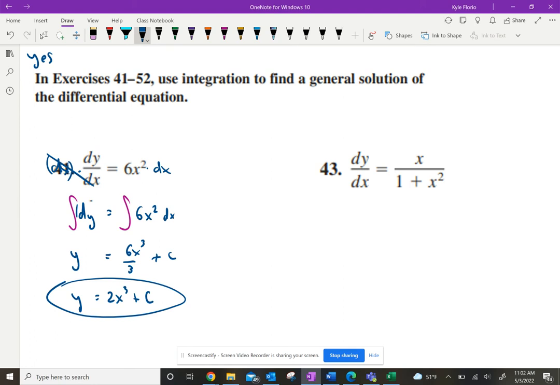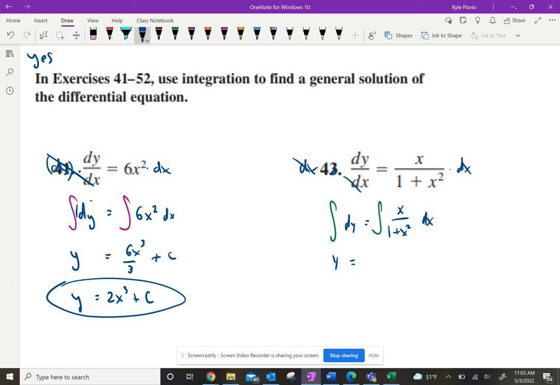This next one here, do the same thing. We're going to multiply both sides by dx to get the x's on one side. So dy is just x over 1 plus x squared dx. We'll integrate both sides. So the antiderivative of dy is just y. And this integral is going to be a little tricky here.